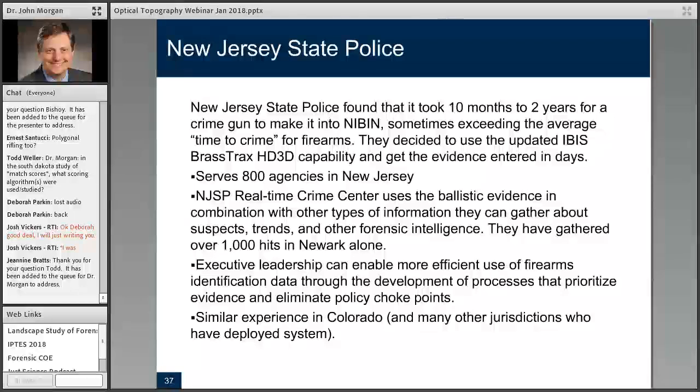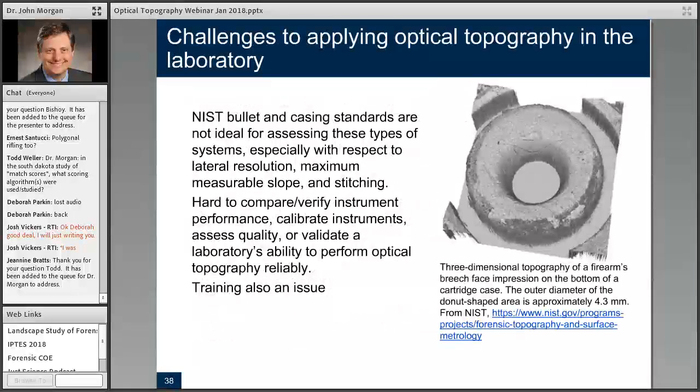They have found that executive leadership can enable more efficient use of firearms identification data through the development of processes that prioritize evidence and eliminate the policy choke points. And they are not the only ones. It's seen across the country. Colorado, Denver in particular, has done this, and many, many other jurisdictions. So I hope everybody notes that and really understands the impact that they could have in this area.